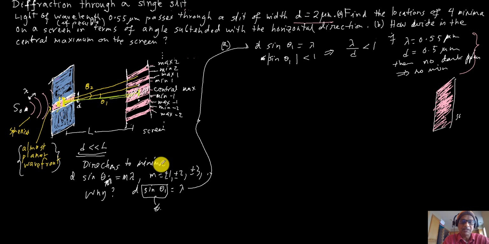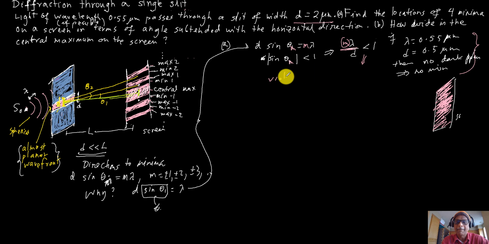So if I look at theta m, in this case m lambda over D has to be less than 1. So there will be some m, where m is 1, 2, 3, 4, like some m, for which this will get violated.